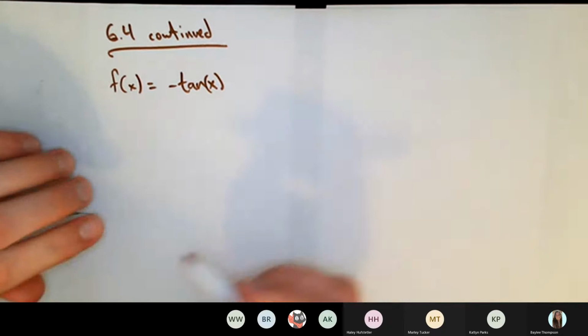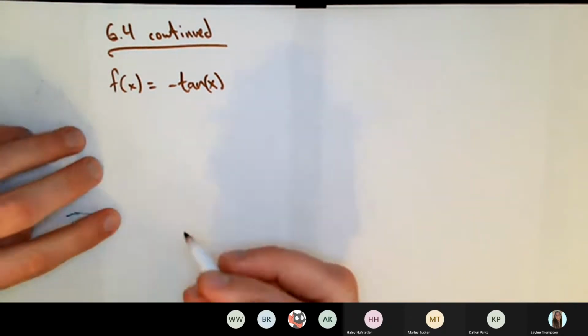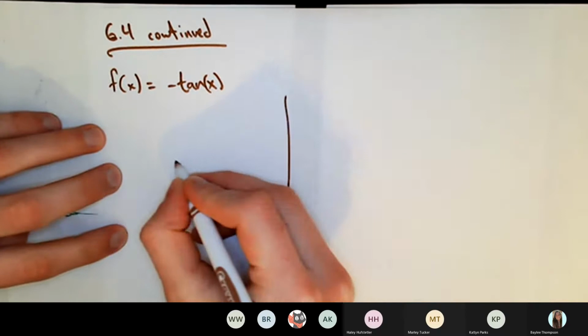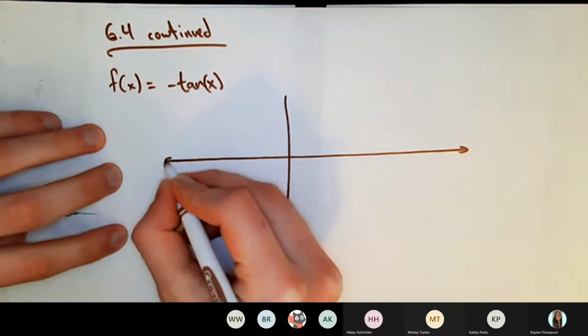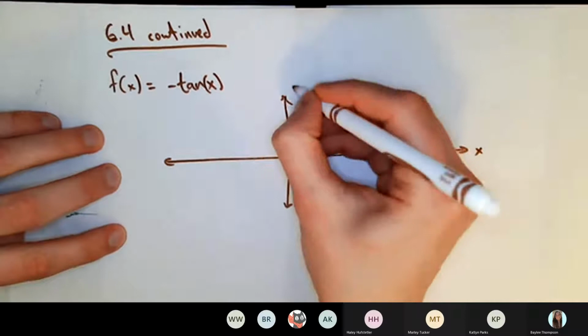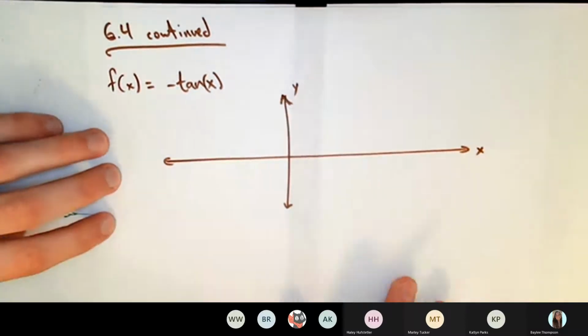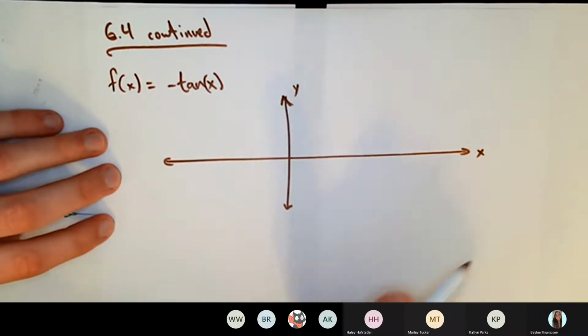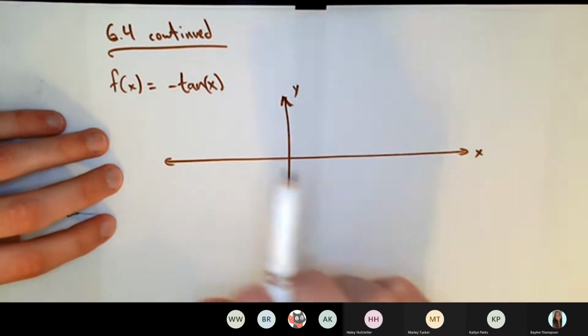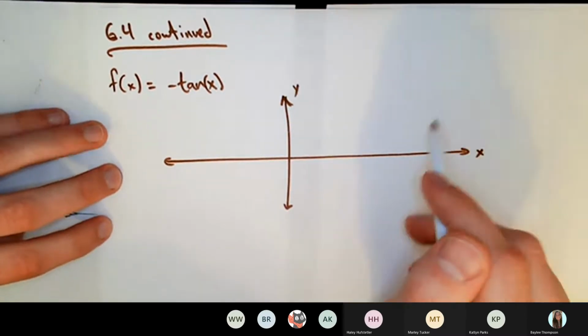All right, so what do I need to know here? I need to know what the base graph of tangent looks like. So if I draw tangent, I know that it has a period of pi, right? So unlike sine, cosine, secant, and cosecant, which all have periods 2 pi, tangent and cotangent have period pi.